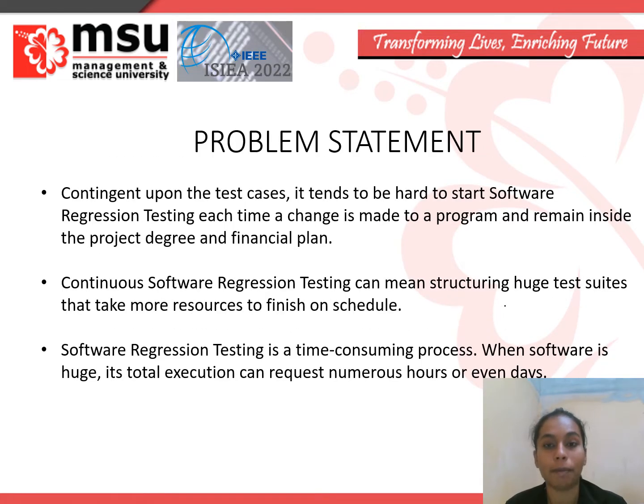The main problem statement of this study concerns the test cases. It can be hard to restart the software regression testing each time a change is made to a program and remain within the project scope and the budget. Continuous software regression testing can mean structuring huge test suites that take more resources to finish on schedule.